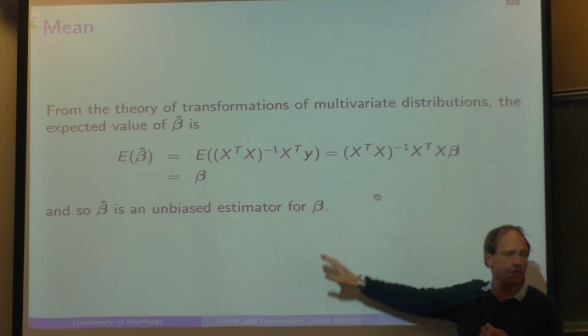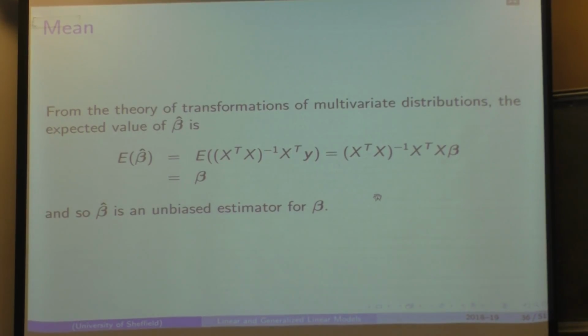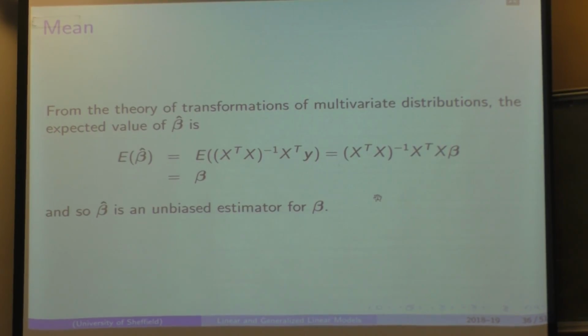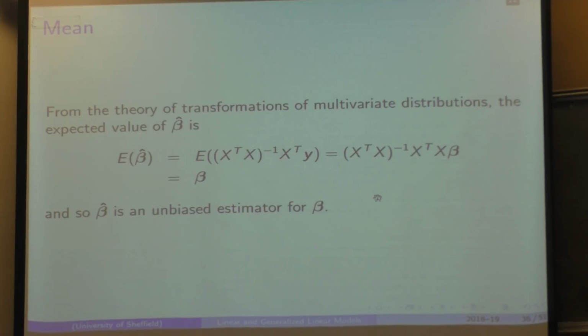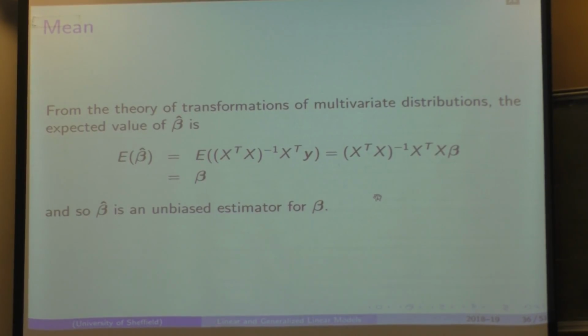If we start off with the true model involving beta, then the estimates we get from running the model will be unbiased. Their mean values will be the true values. So beta hat turns out to be an unbiased estimator of beta. This is something which is often regarded as a good criterion for an estimator to satisfy.